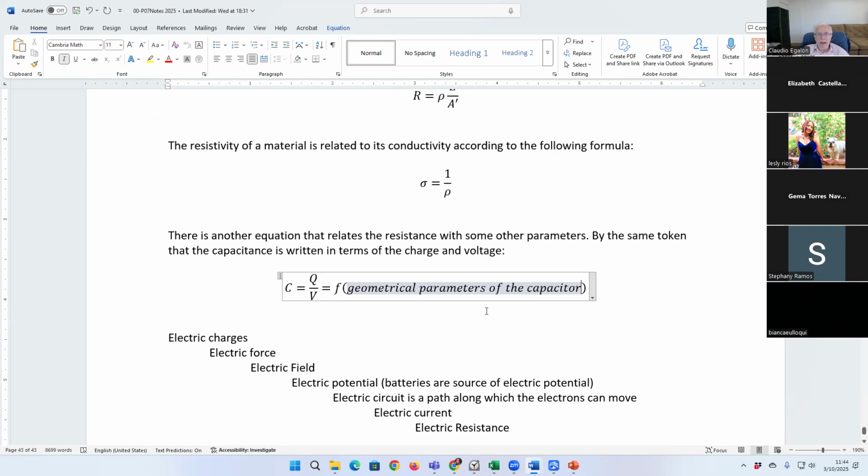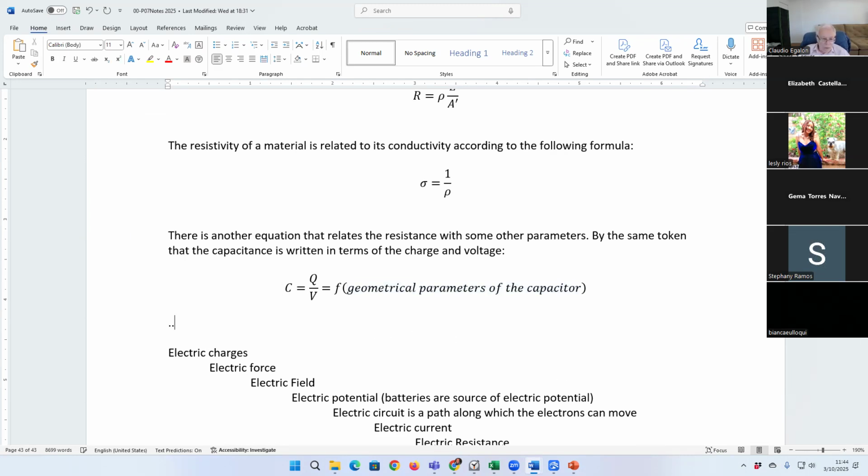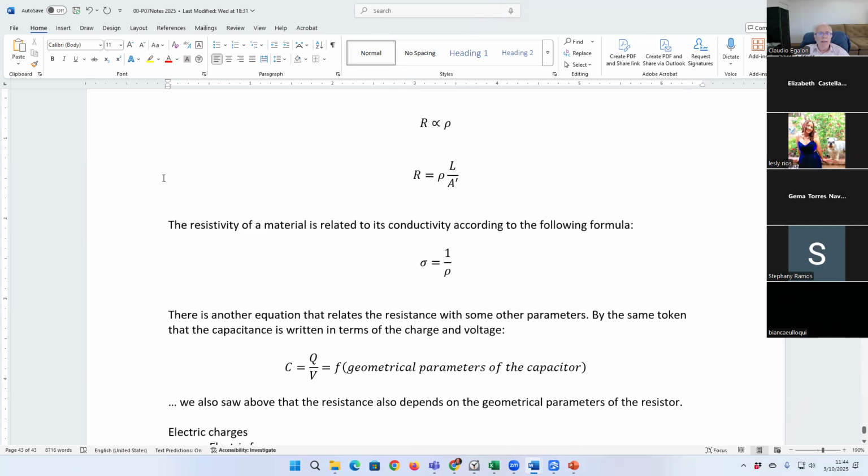By the same token that we have this relationship, we also saw above that the resistance also depends on the geometrical parameters of the resistor. Right? We saw that right in here. Geometrical parameter here, geometrical parameter here, right?